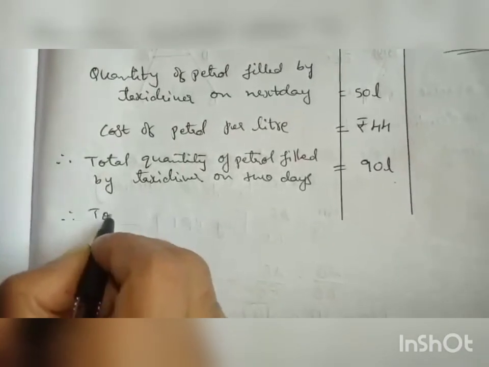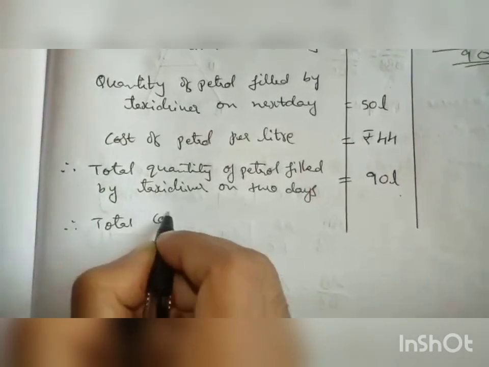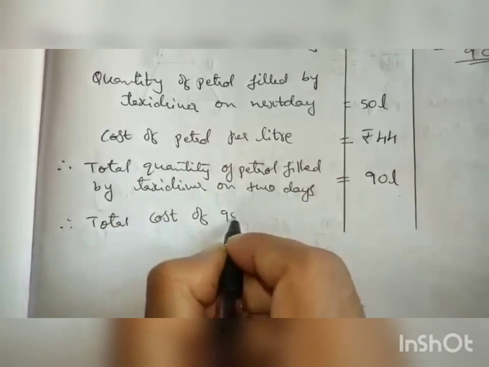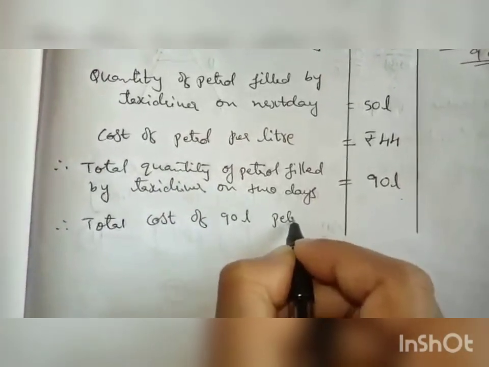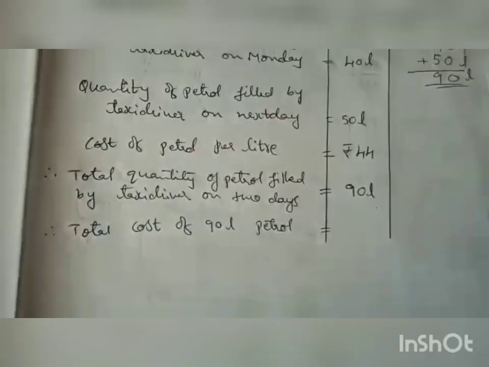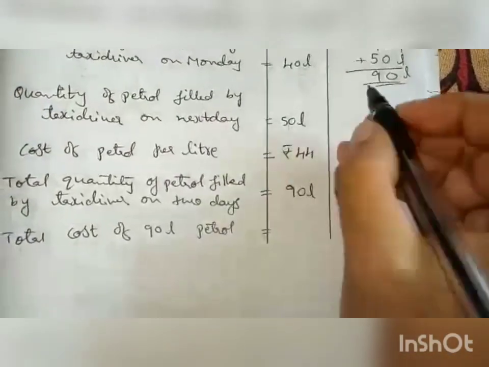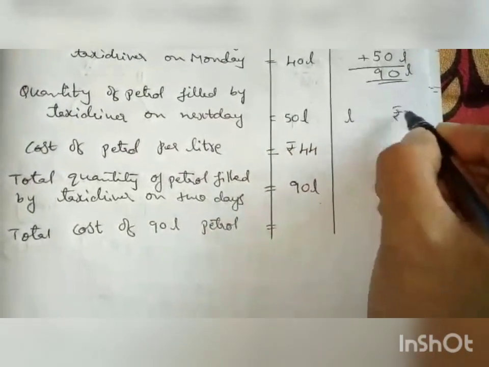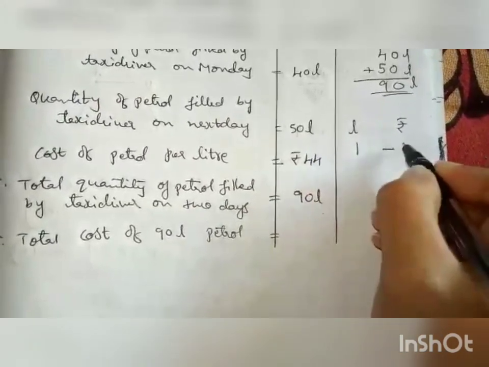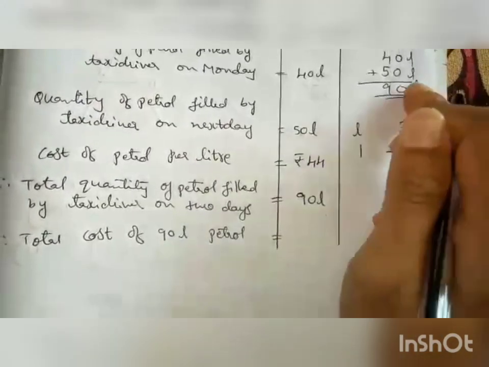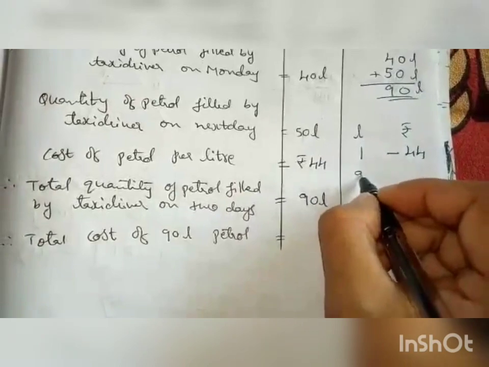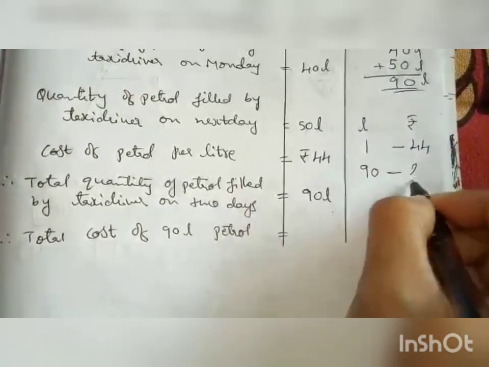Then you have to find the amount for that. Therefore, total cost of 90 liters of petrol. How will you find this? We'll write liters and rupees. For 1 liter, how many rupees? Rupees 44. We want for how many liters? 90 liters. For 90 liters, how much?